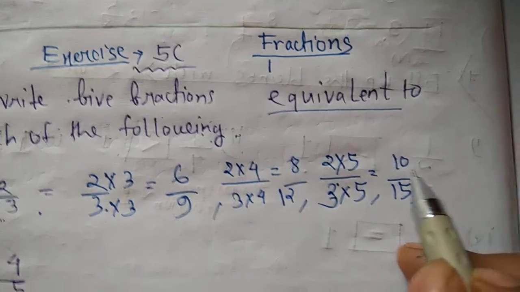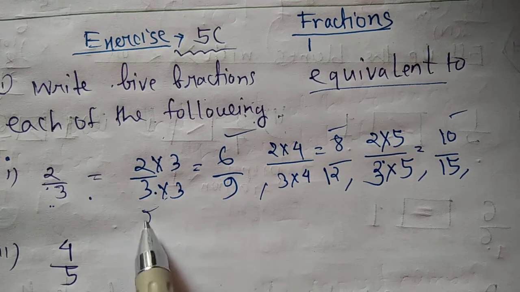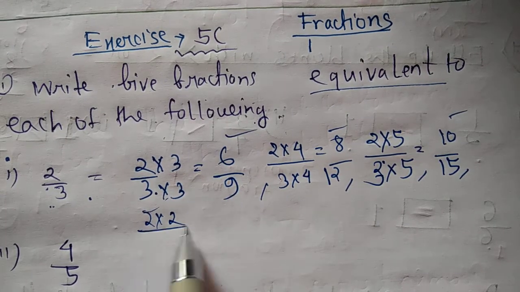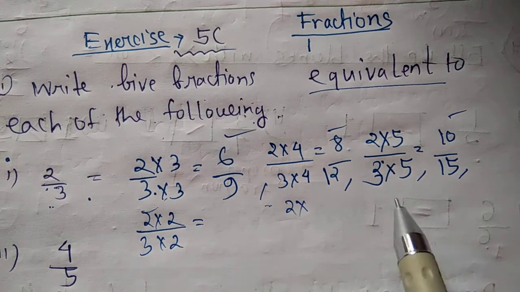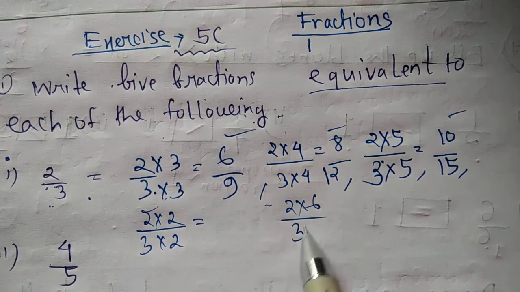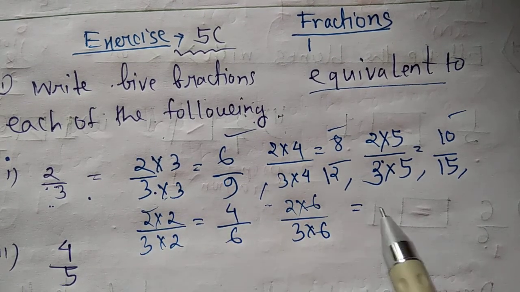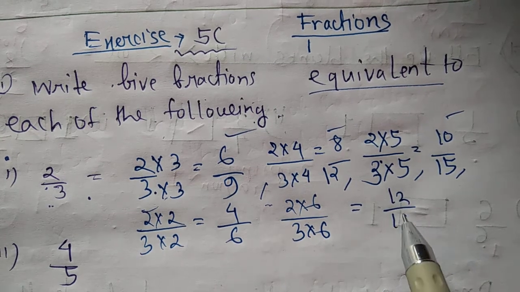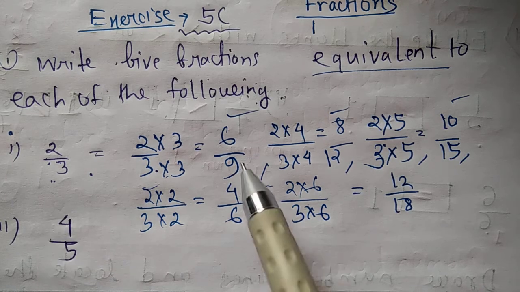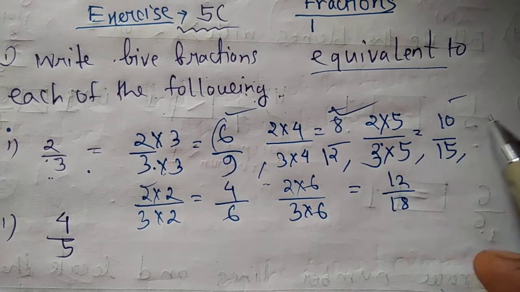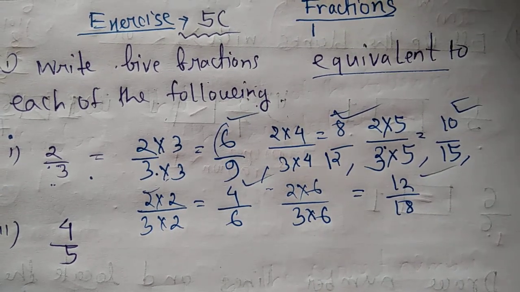And last, you also multiply this fraction with 6, and here you get 12 divide 18. So equivalent fractions of 2 by 3 are 6 by 9, 8 by 12, 10 by 15, 4 by 6 and 12 by 18.